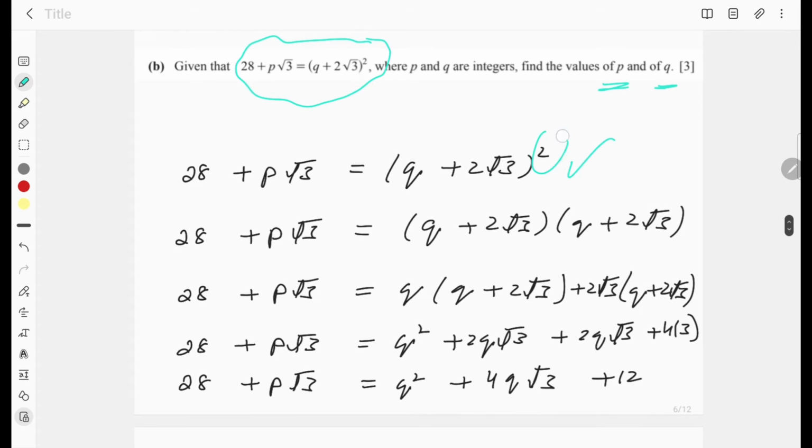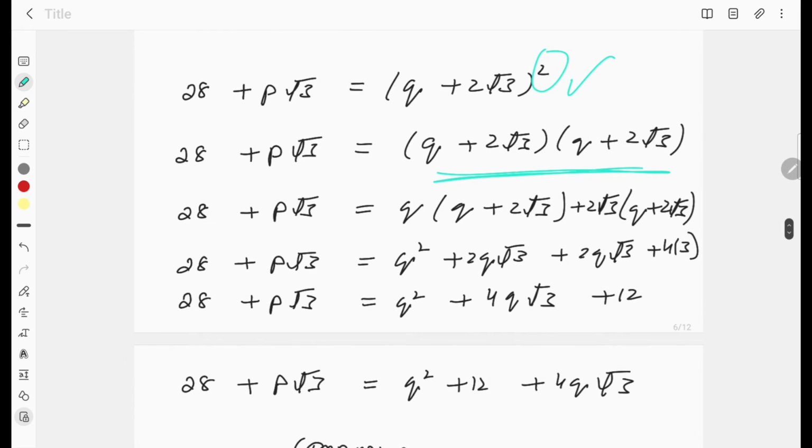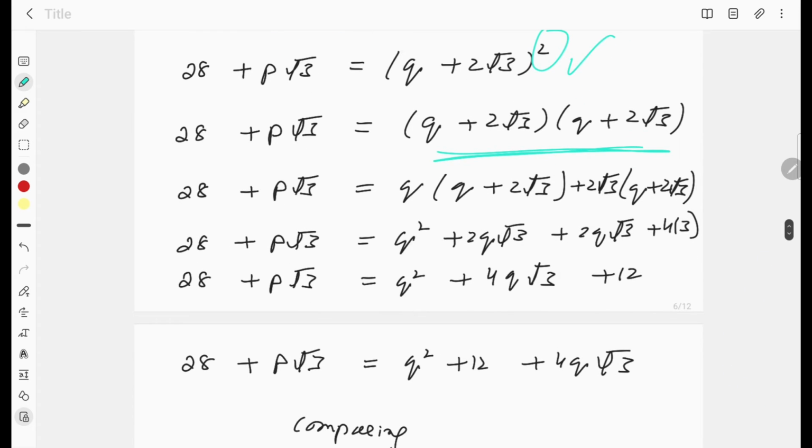I can open this square. Either I can apply the formula or I multiply the bracket by itself and go for long multiplication. So I went for long multiplication here. And finally I got q squared plus 4q under root 3 plus 12.